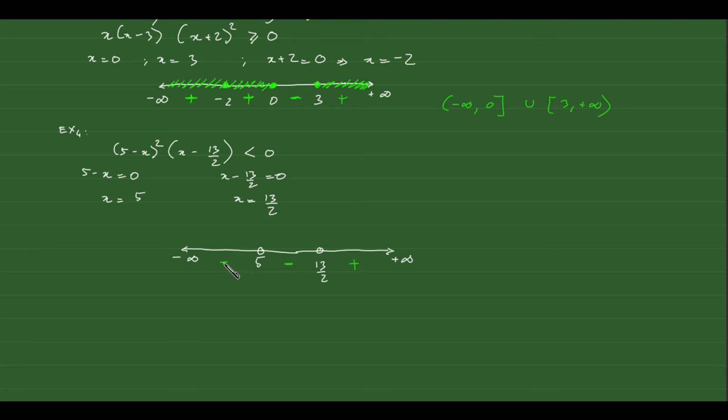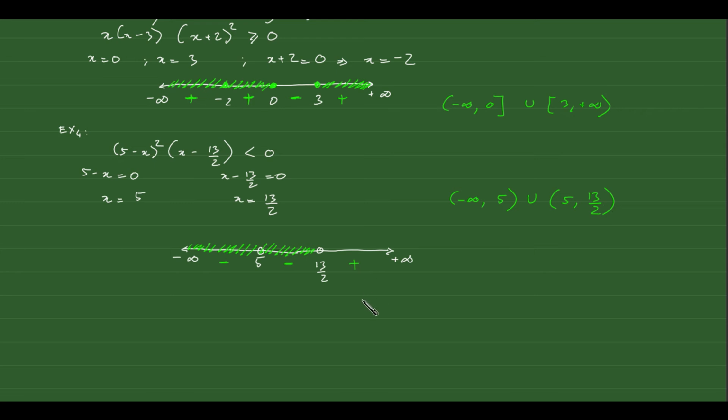There you go. And what we want is less than 0, right? So whatever is over here we're gonna take as the final answer. Of course, we don't want to take the number 5 because it's an open circle. So my final answer will be negative infinity to 5 union parenthesis 5 to 13 over 2 as the final answer.